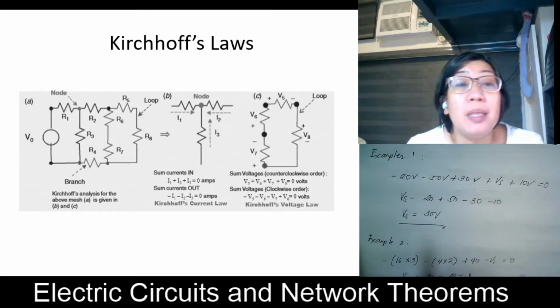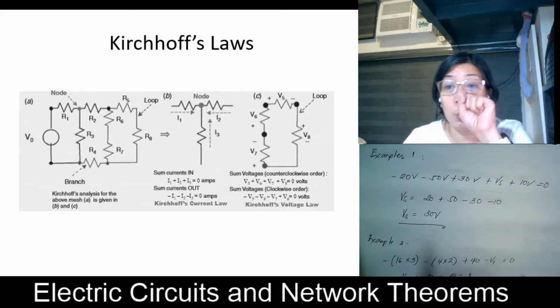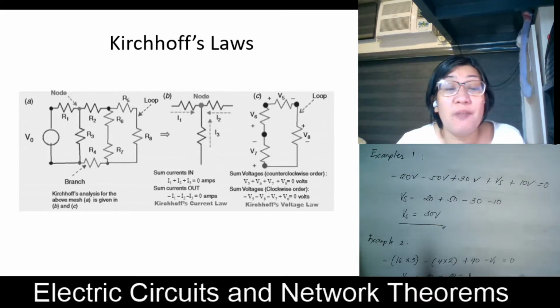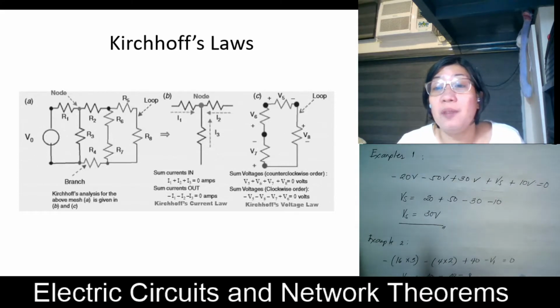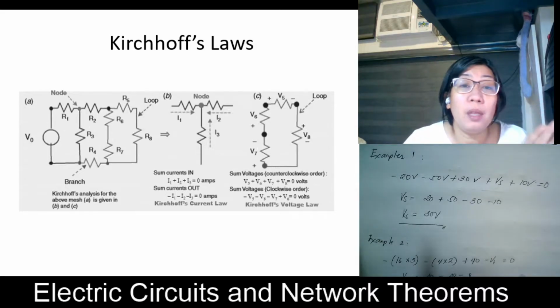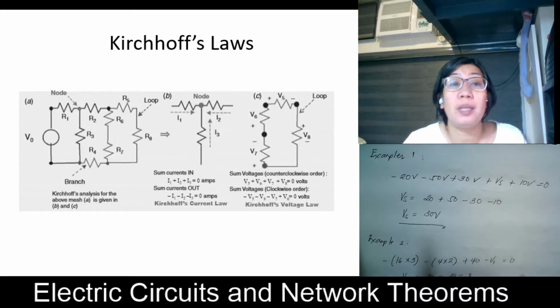All of them are leaving, so that is equivalent to 0. Some currents in, so that means no currents leaving. So -1, -1, -3 is equal to 0, if it is in opposite direction.